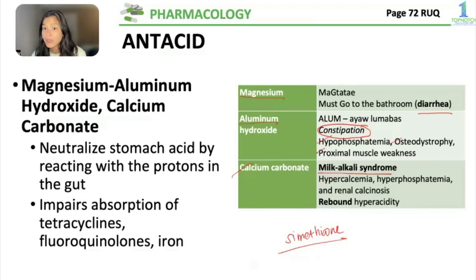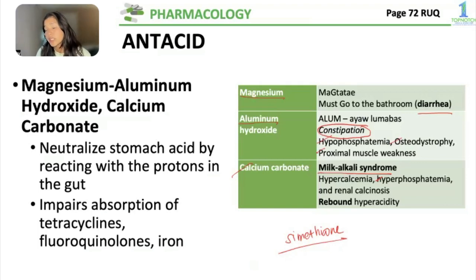They also found that in the past, it was also associated with hyperphosphatemia. And this is because in the past, this calcium carbonate was mixed inside milk, and milk contained a lot of phosphate. So milk alkali syndrome was typically associated with hypercalcemia, hyperphosphatemia, and renal calcinosis. Though now, since we don't mix it in milk anymore, the hyperphosphatemia may not be as noticed anymore.